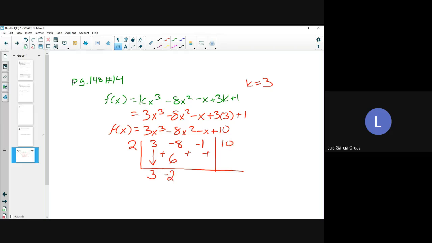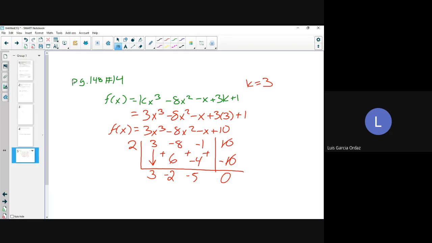And then we do negative 2 times positive 2, which gives us negative 4. And then we add those two together, and then we get 10 plus negative 10, which gives us 0. Okay? So now we know that x minus 2, or x is equal to 2, is a factor.